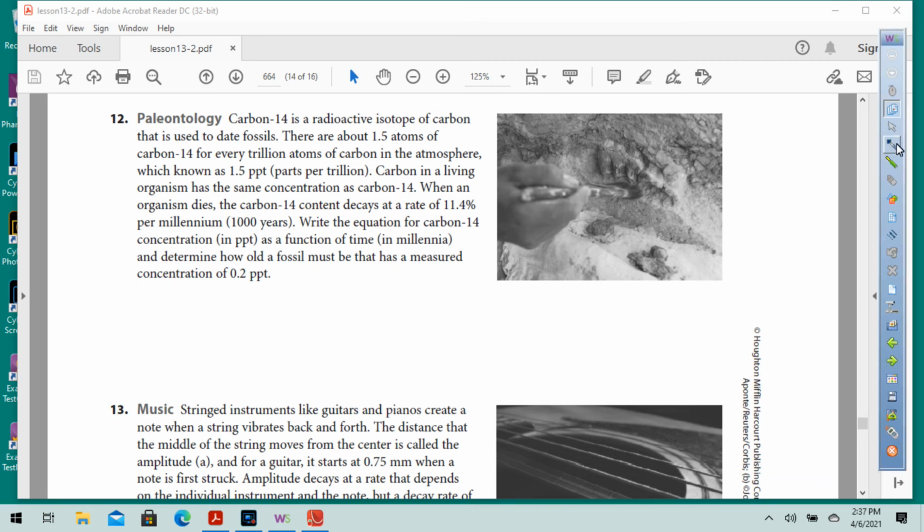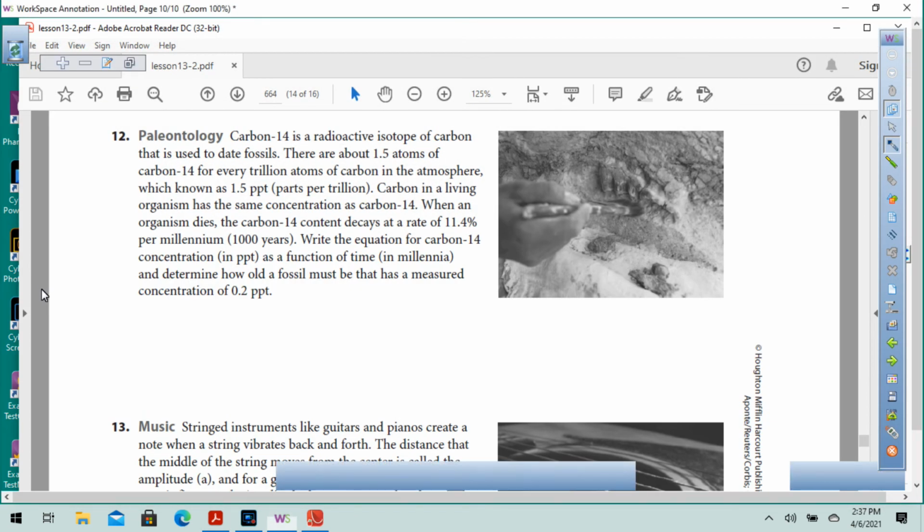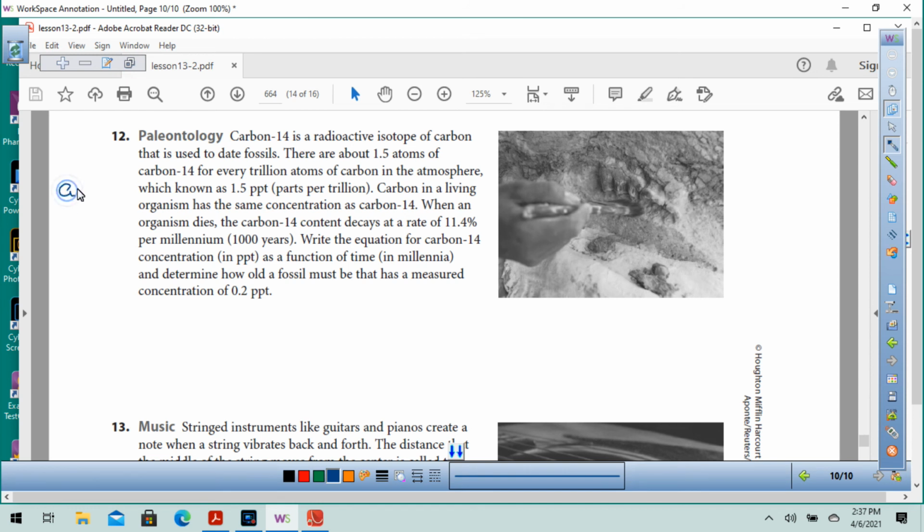So we need to figure out a couple things. We need to figure out what A is. And I'm getting 1.5. B, that would be, well, let's see, 1 minus 0.114, and that gives me 0.886.